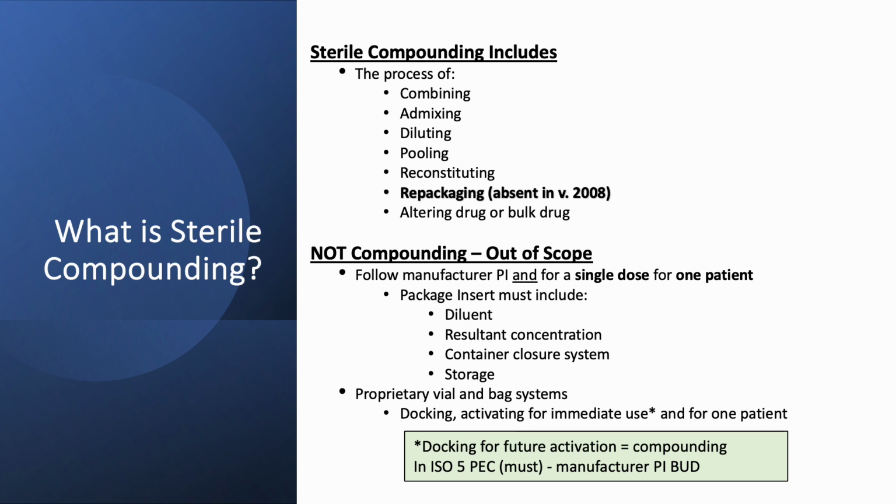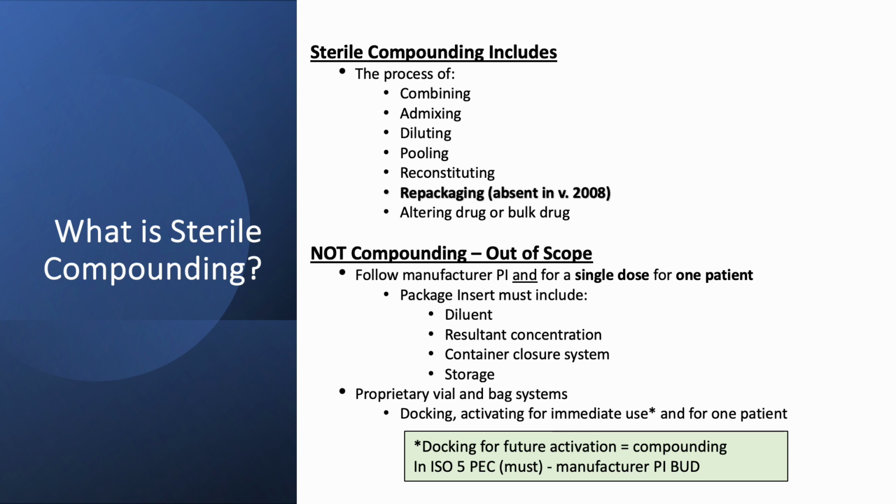Also, proprietary vial and bag systems, if docking and activating for immediate use and for one patient, this is also not considered compounding. But again, the key here is it's for immediate use and for one patient only. If docking for future activation, this must occur in an ISO 5 PEC and is considered compounding.